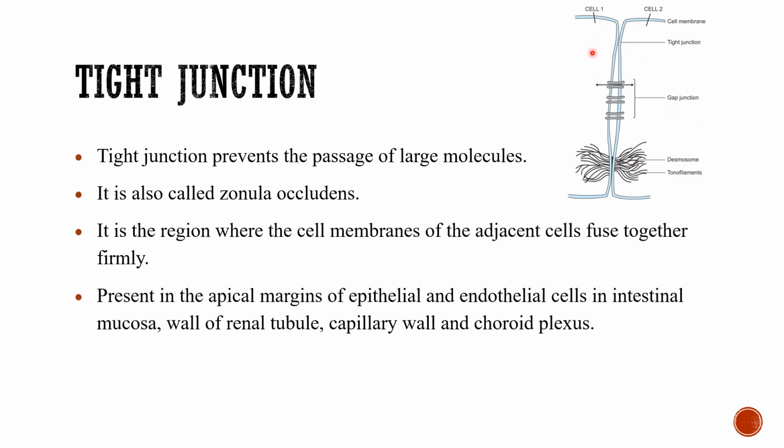For example, if they are present in the intestinal epithelial cells, they are not going to allow the absorption of undigested particles, whereas digested particles can be easily absorbed, because the smallest particles can pass through the tight junction, whereas it is going to be a barrier for larger molecules. So what will happen? The undigested materials cannot pass through this tight junction, whereas the digested materials, the smallest materials, can pass through this tight junction.